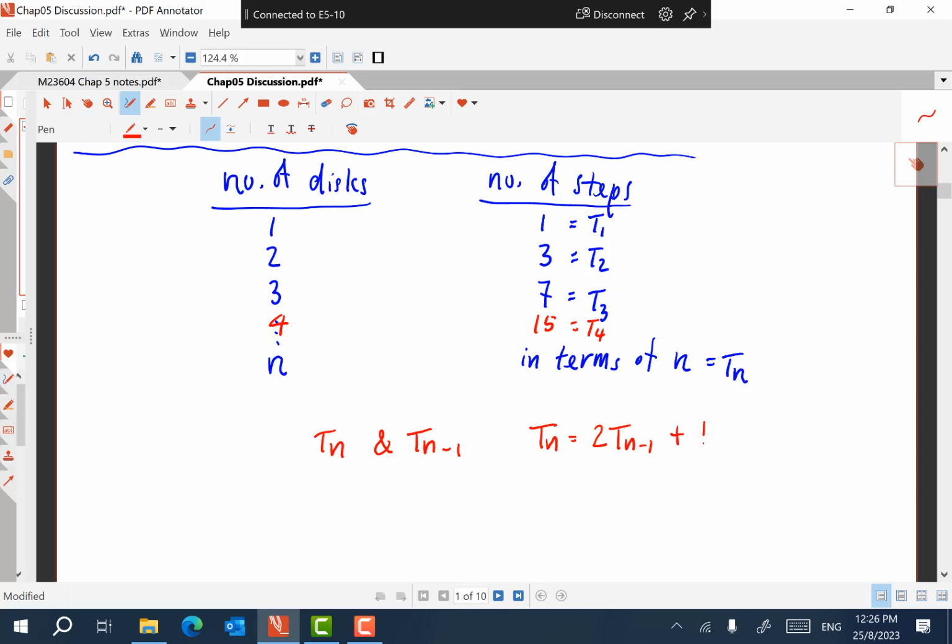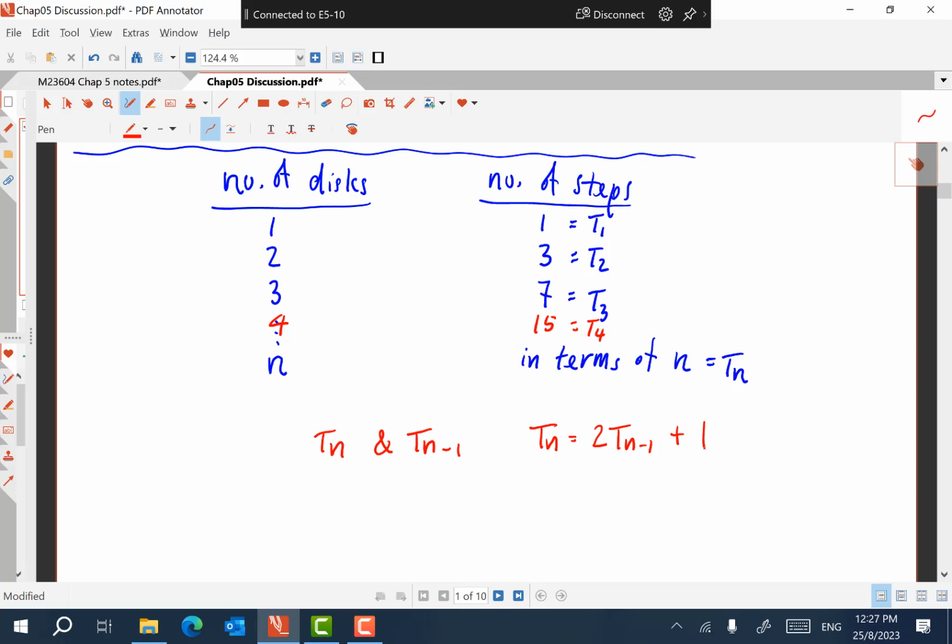Actually, you can also do that. So this is what Pranaya has gathered now, that the next iteration is always the earlier one times 2, then plus 1.